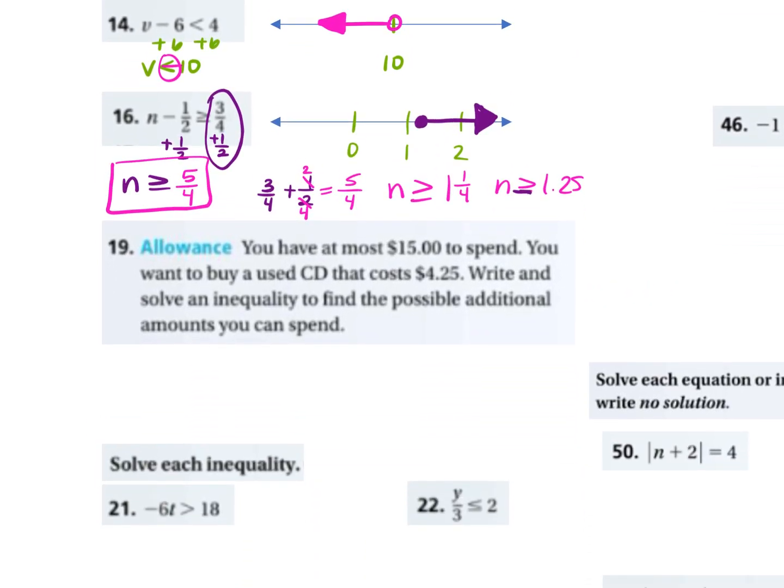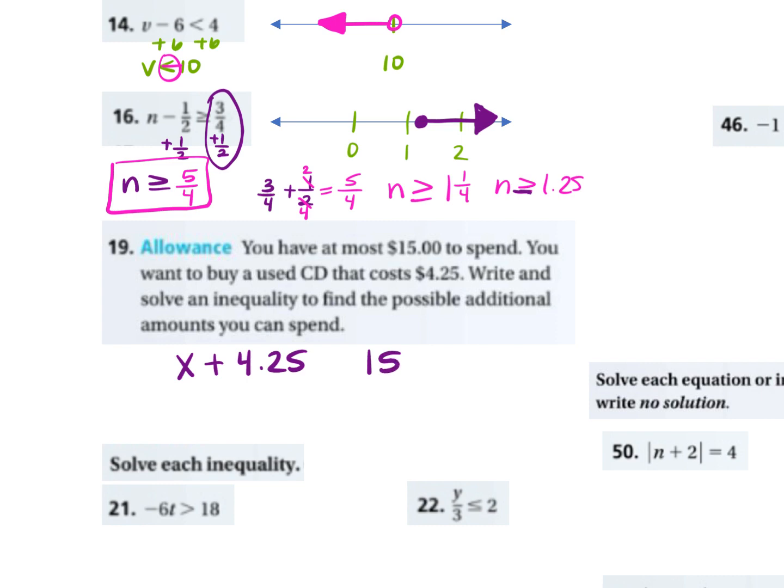Okay. 19, it says you have at most $15 to spend. You want to buy a used CD that costs $4.25, right? And solve an inequality to find the possible additional amounts you can spend. So you can spend some amount plus the $4.25 of the used CD, and if you have at most $15 to spend, the 15 is going to be your standalone.